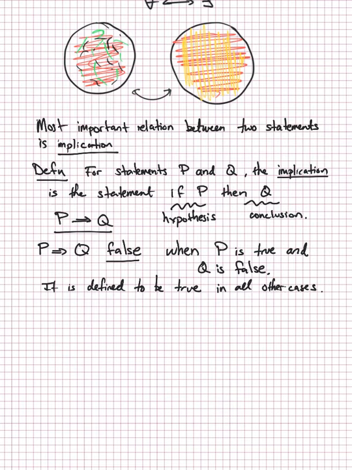Okay, so it doesn't really care what happens if P is false. If you're starting with a false hypothesis, then any conclusion is said to be true.